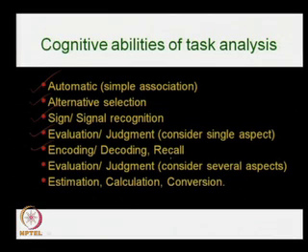Once you learn, next time when you want to use it, whether we can recall that information for the next use, that easiness. Evaluation and judgment, that is considering several aspects: estimation, calculation and conversation. These cognitive abilities of task analysis are to be done while conceiving a design.